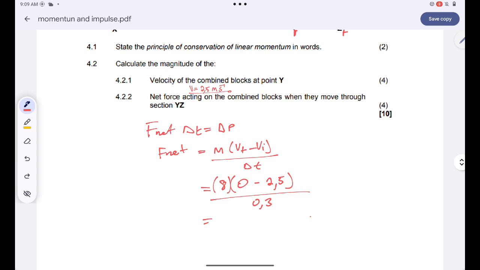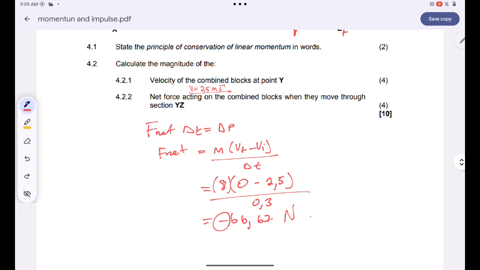So I'll simply say 8 multiplied by (0 minus 2.5) all over 0.3. This will give me negative 66.67 newtons.